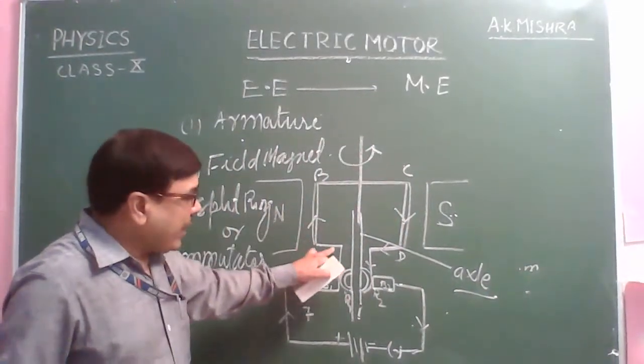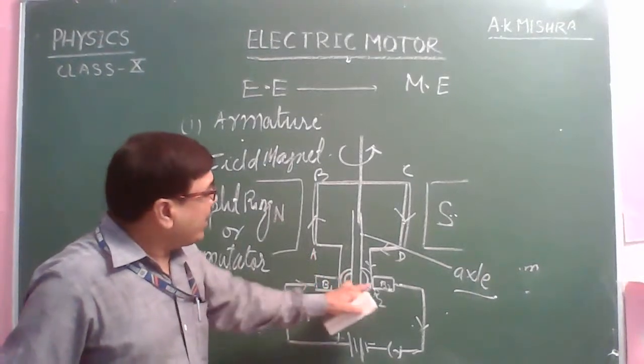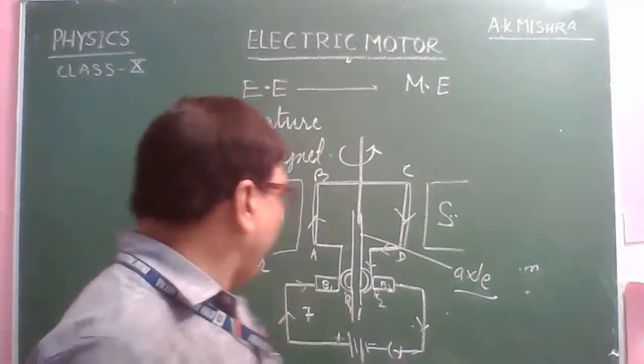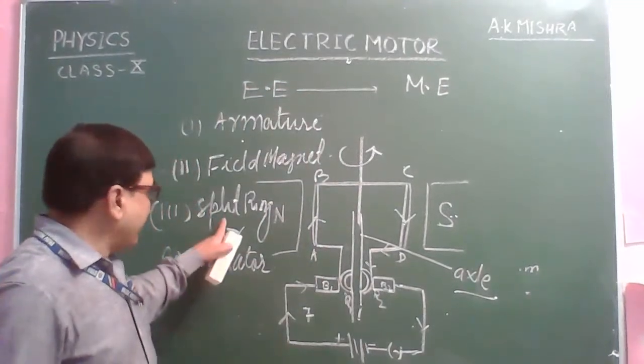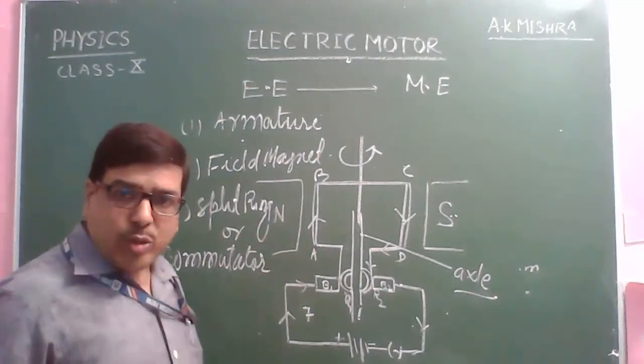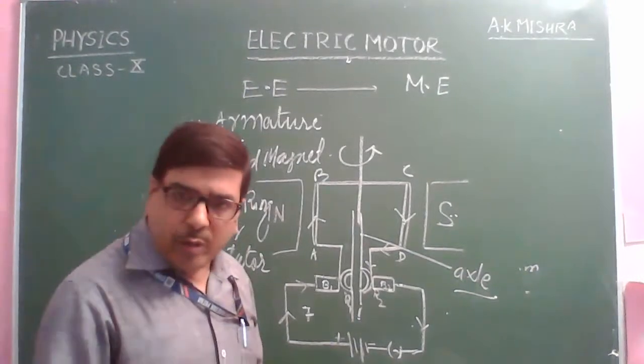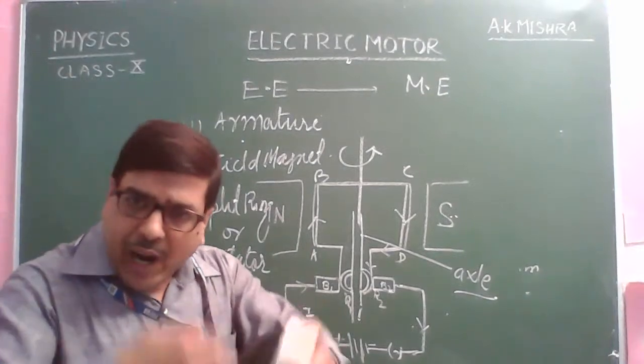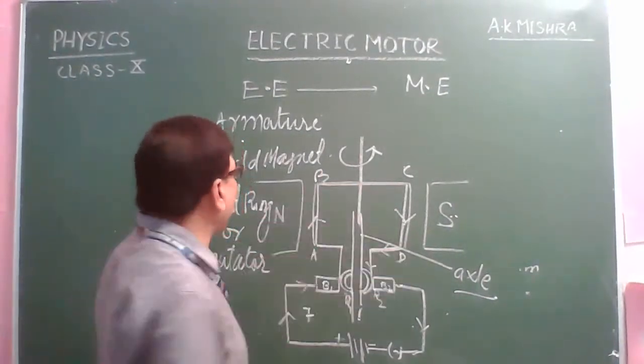The terminals, the ends of the rectangular coil, are connected to it. The function of the commutator, that is the split ring, is to reverse the direction of flow of current after every half rotation of the rectangular coil.